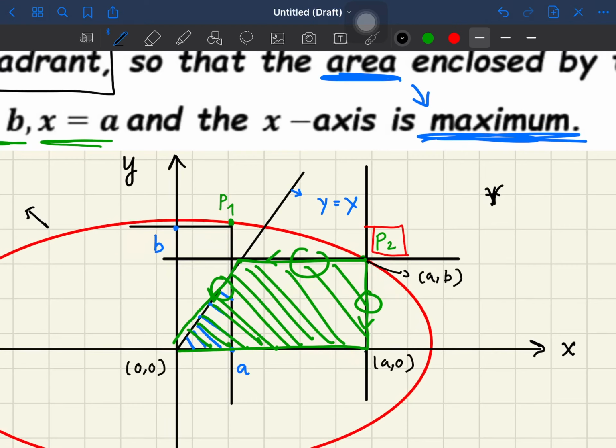And then here, this line y equals b passes through y equals x. So this is the point of intersection between y equals x and y equals b, and so this point is definitely b comma b. So we have 4 points, which means we can use these four points to find the area of the trapezium.